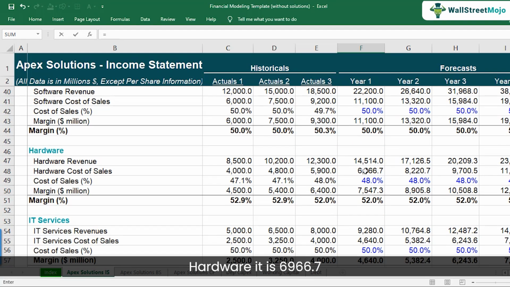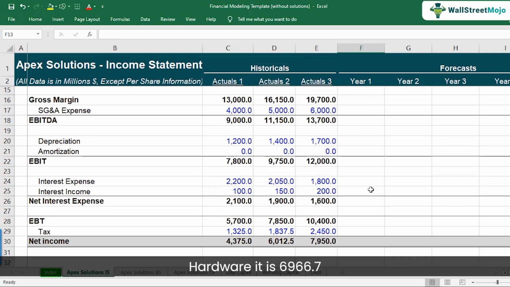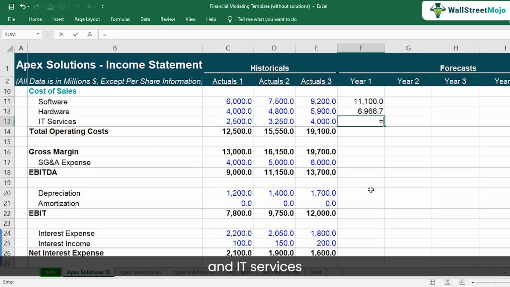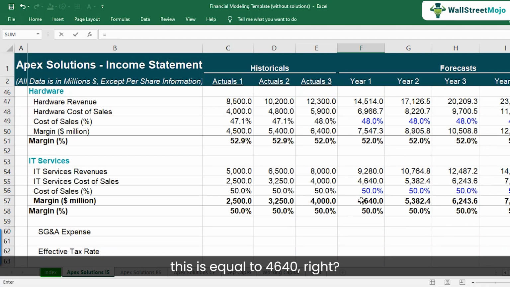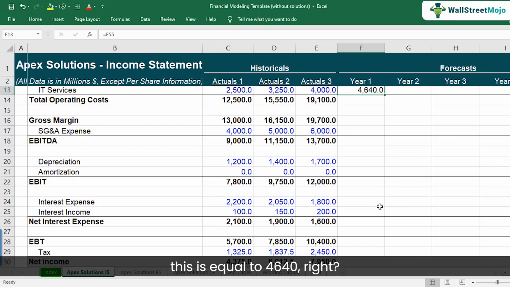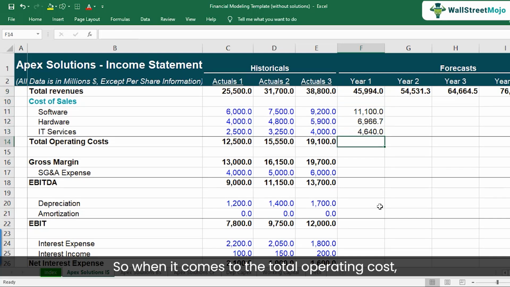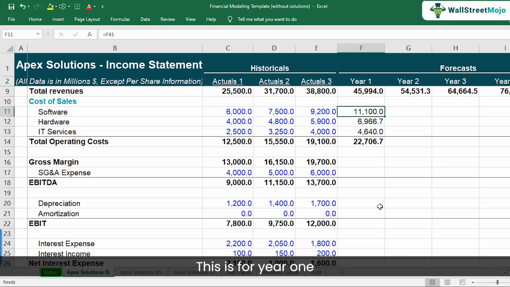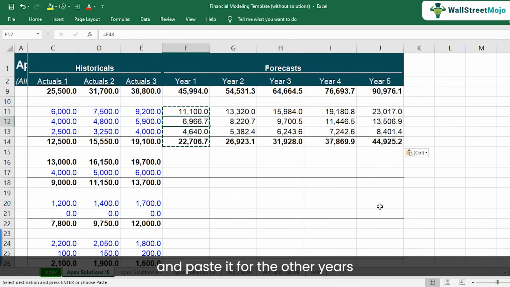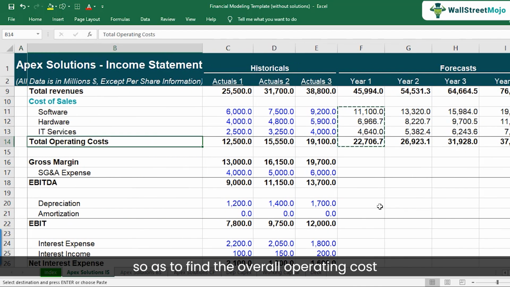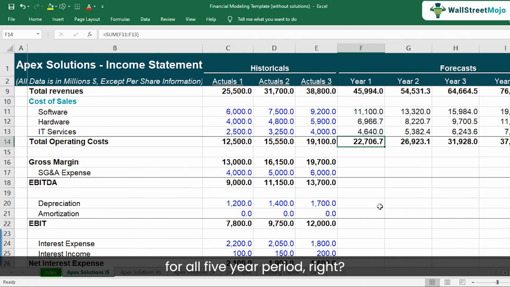Hardware, it is 6966.7 and IT services, this is equal to 4640, right? So when it comes to the total operating cost, it comes out to be 22,706.7. Okay, this is for year one and I can copy this and paste it for the other years so as to find the overall operating cost for all 5-year period, right? So this is how you can go about calculating the cost of sales, right?